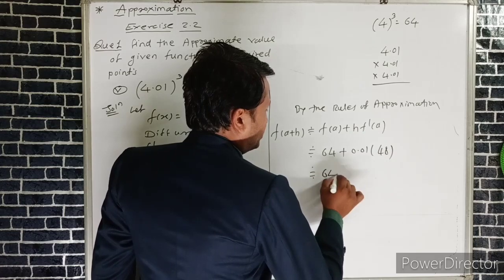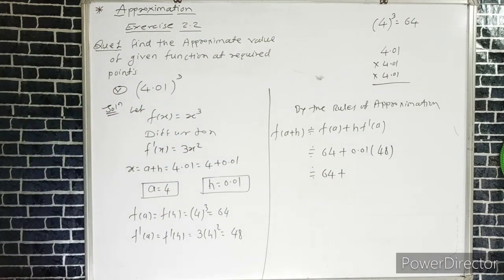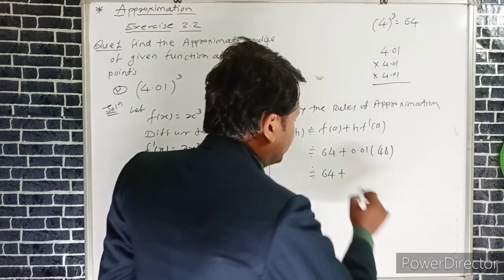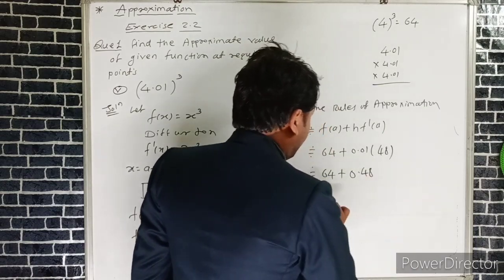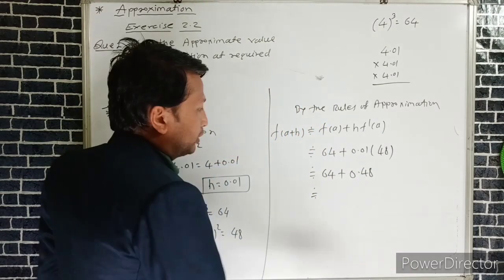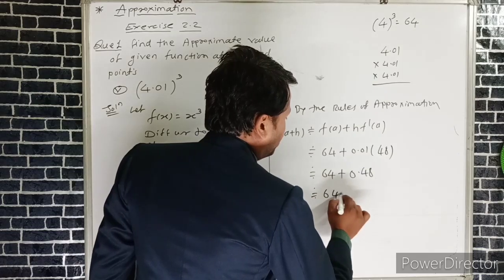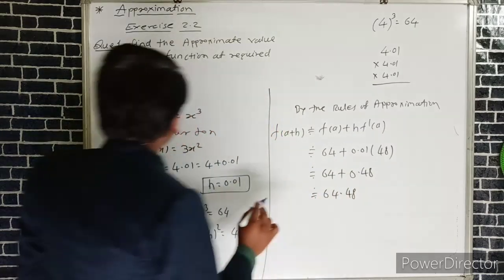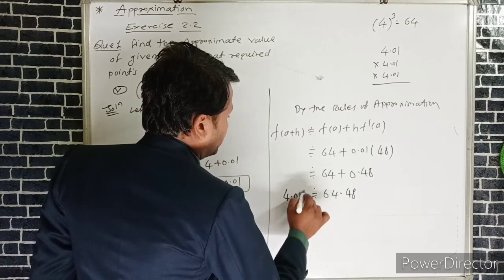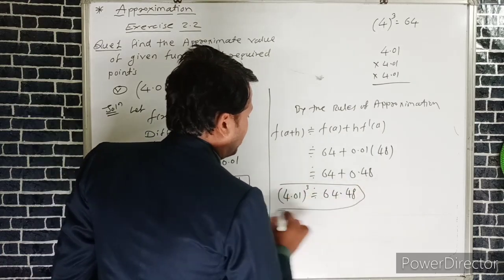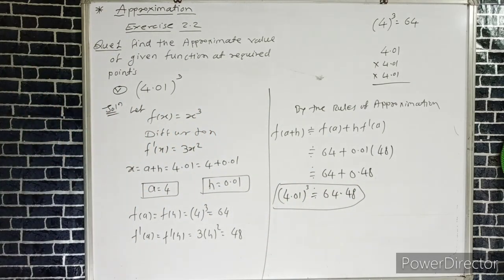So 64 plus 0.01 into 48, which is 0.48, and the sum of both terms, 64 plus 0.48, is the required value of 4.01 bracket cube, which is approximately 64.48.